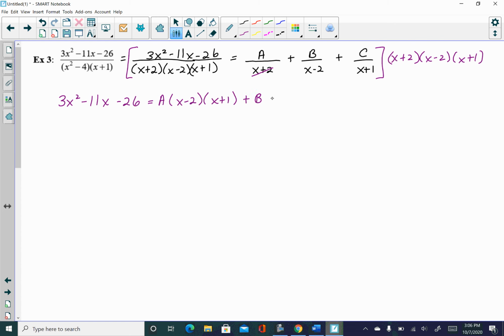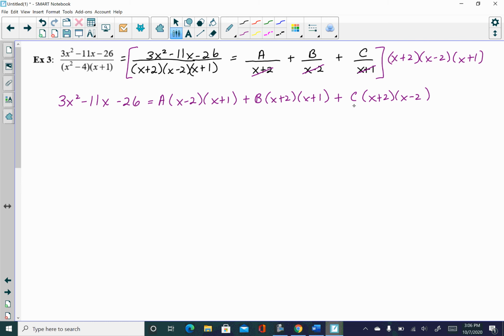Next term, you have B. The x minus 2's are going to go away, and you're going to be left with x plus 2, x plus 1. And then lastly, C times the x plus 1 is going to go away, so you're going to have x plus 2, x minus 2 left over. This is the form now that you're working with. And now in this case, we've got to solve for A, B, and C.